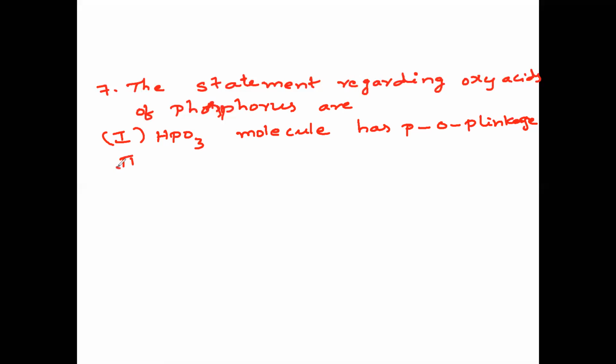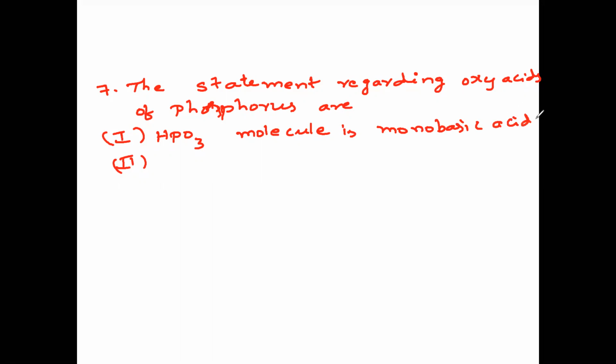Statement 2: the HPO3 molecule is a monobasic acid. Monobasic means it has only one POH bond.